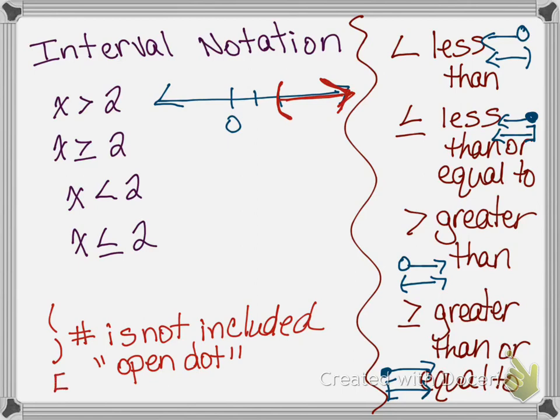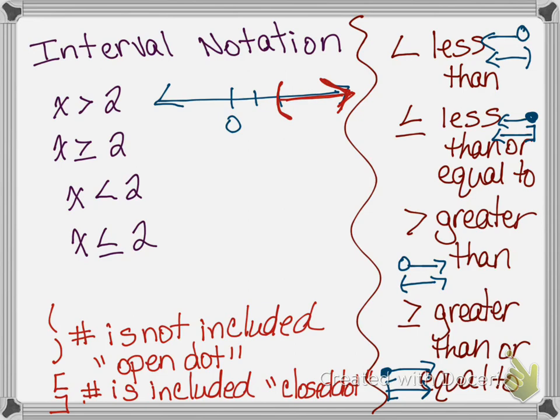If I use brackets, that means the number is included, and that is like the closed dot. So this is my graph right here. I've got x is greater than 2, and this is my graph.